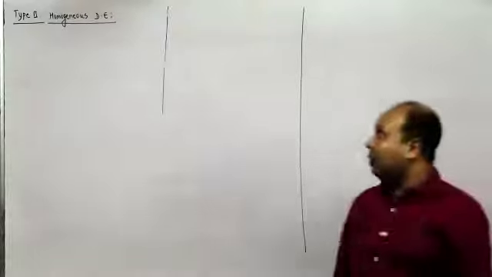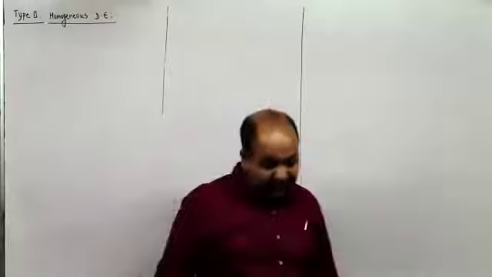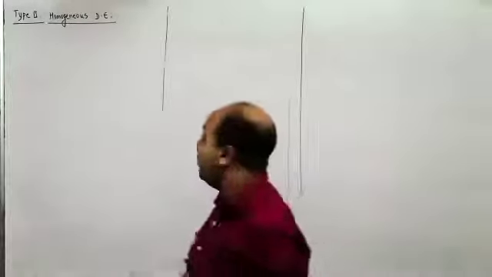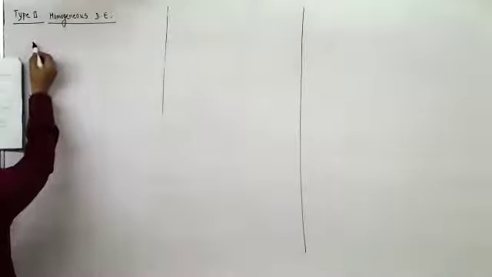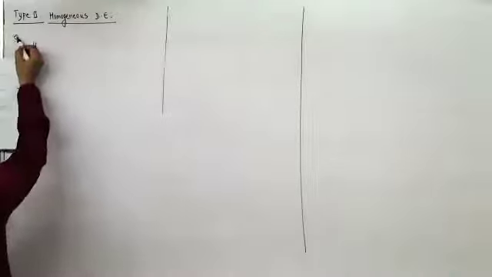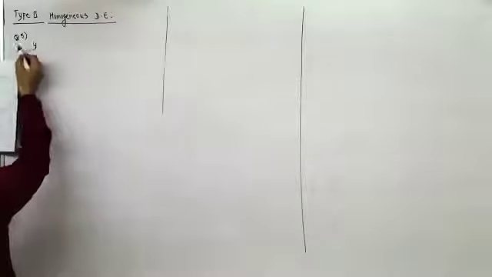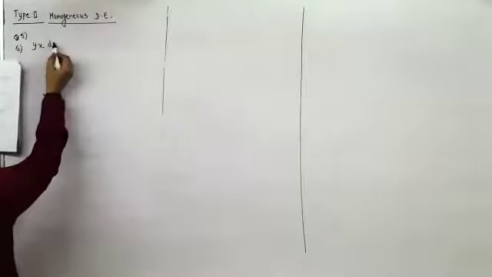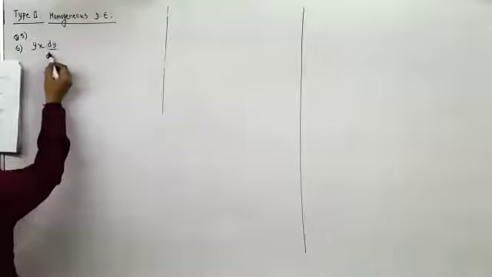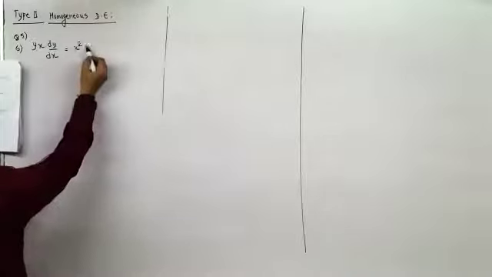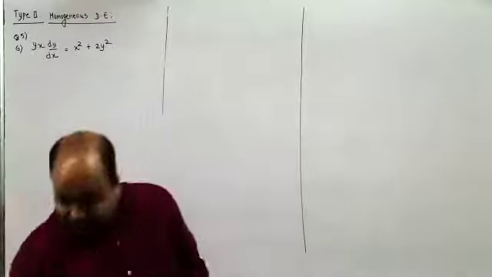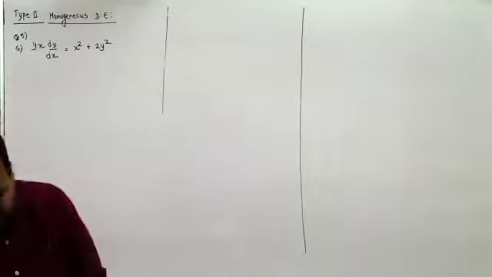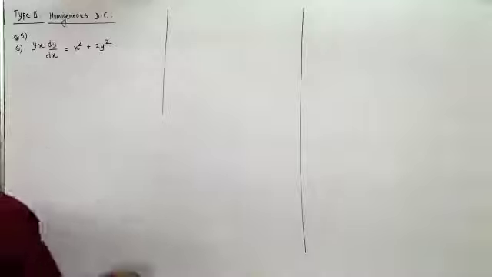Yeah, homogeneous differential equation. Now here, the power should be the same. For example, question number 5, the sixth part. You won't be able to separate x and y terms here.